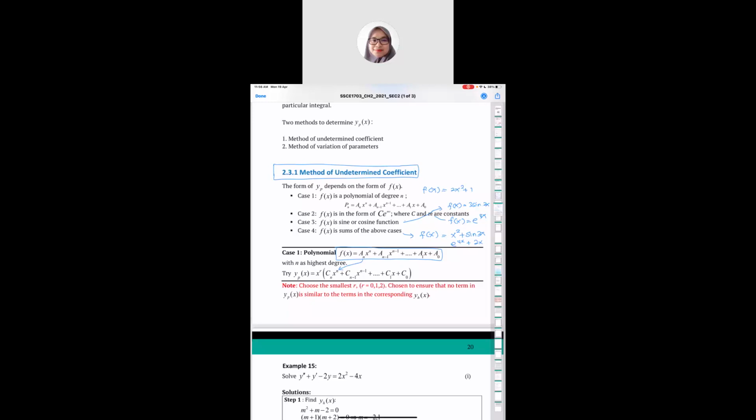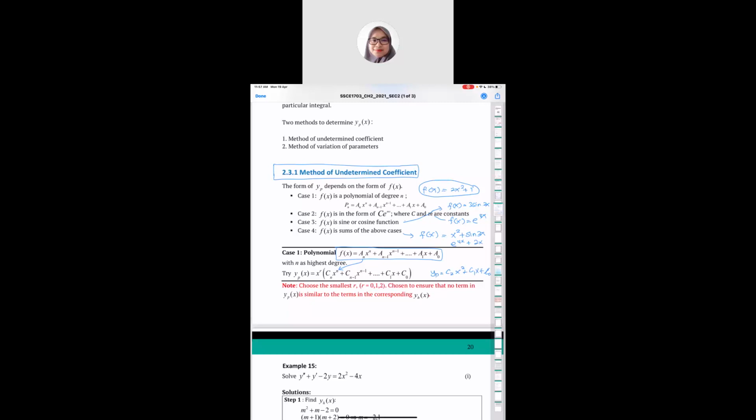Kalau fx you polinomial, kalau kata you ada fx 2x squared plus 1, maksudnya the highest adalah 2. So kita akan start YP dengan C2x2 plus C1x plus C0. Kalau polinomial you degree 4, kita akan start dengan C4x4 tambah C3 and so on.